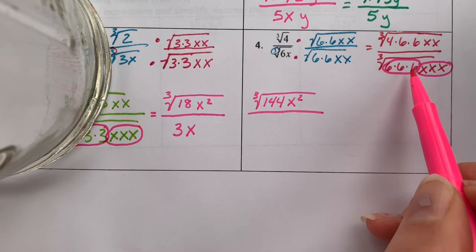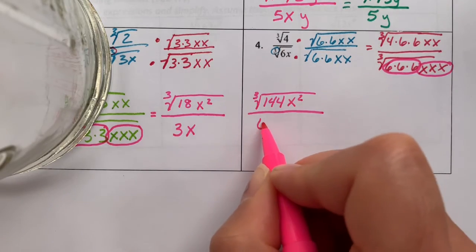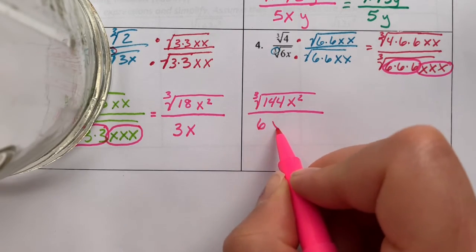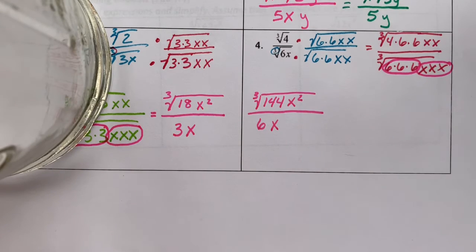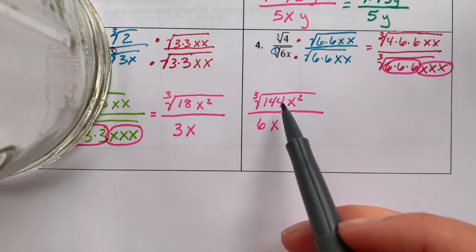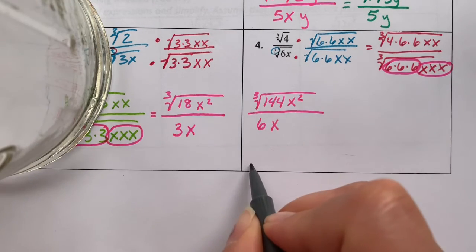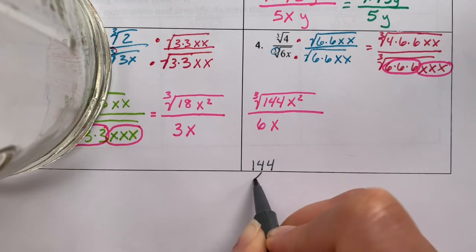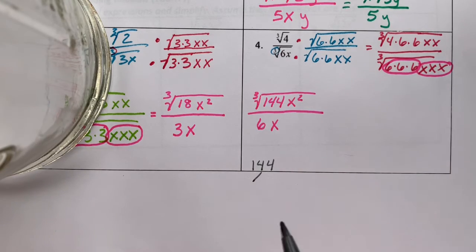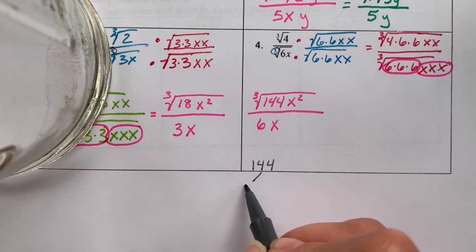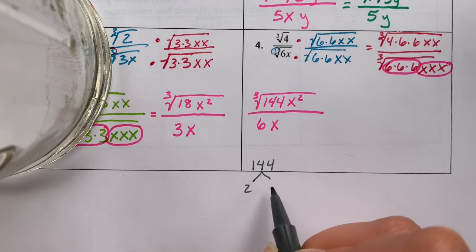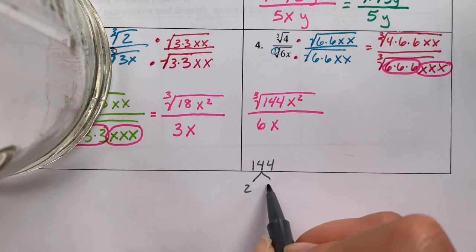And then I was able to take out a group of 6 and a group of x. Now this 144, we're going to have to prime factor. The reason we're going to have to prime factor is that there is something I'll be able to take out of there, but I'm not positive what. So remember, we have to find groups of 3. 144 is even, so I'm going to prime factor it to 72.